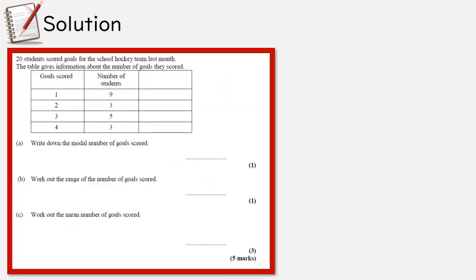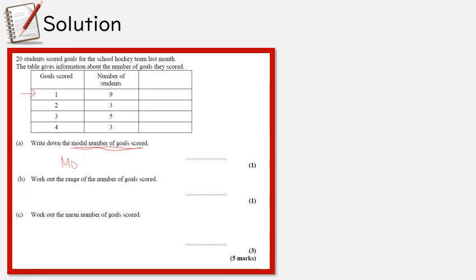Okay, time for the solution. 20 students scored goals for the school hockey team. The table gives information about the number of goals they scored. So just remember, this line here means that 9 students scored 1 goal, 3 students scored 2 goals, 5 students scored 3 goals, and 3 students scored 4 goals. So write down the modal number of goals scored.